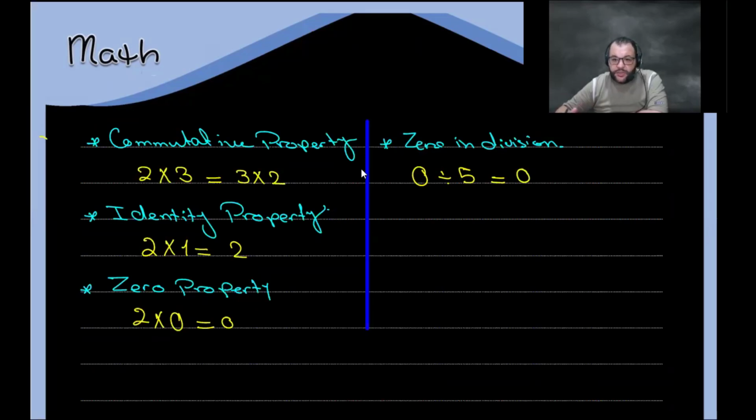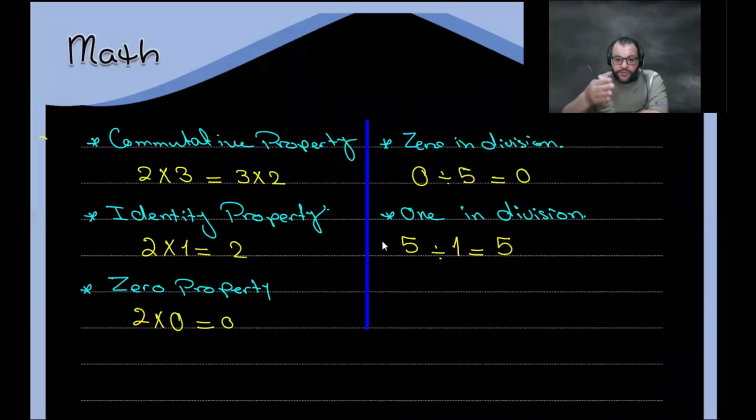That's called zero in division. One in division is the next one. When you divide any number by 1, the answer will be the same number. That's called one in division.